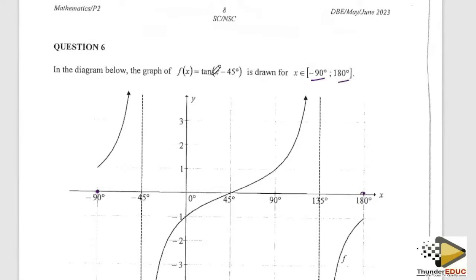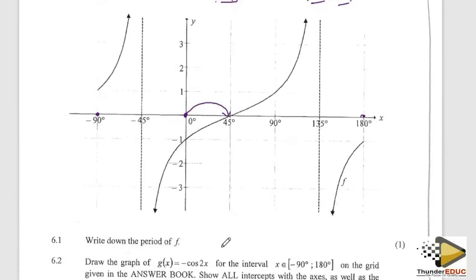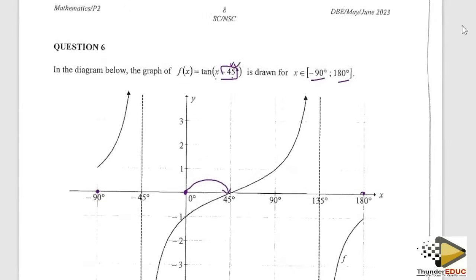Okay, we have f of x, which is tan of x minus 45. So this negative simply means the graph is shifted, because this is a phase shift. Shifted 45 units to the right, so it was meant to be somewhere here, but it's been shifted to somewhere there, 45 units. Same applies with all these other terms. Nevertheless, they want the period of f. So when you talk of period, it's like after how many intervals do we see the full graph?